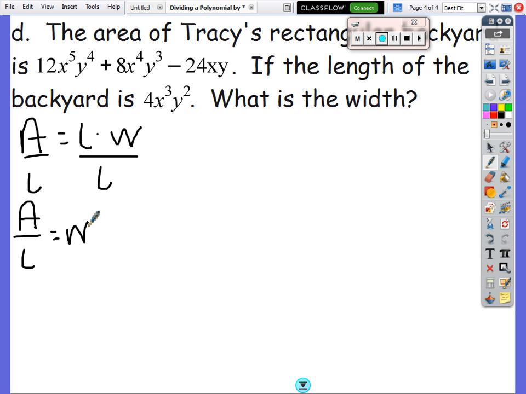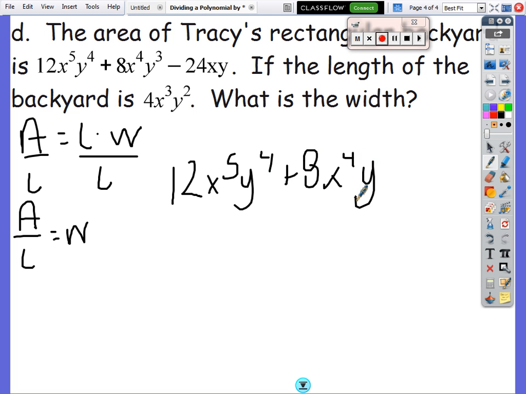So I'm going to take my area of 12x to the fifth y to the fourth plus 8x to the fourth y to the third minus 24xy. And I'm going to divide by my 4x cubed y squared. To save time, I'm just going to go ahead and put that underneath each term.